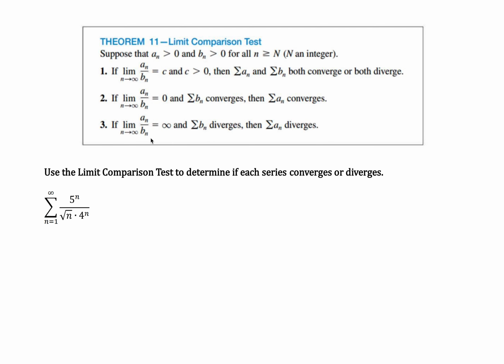For the first one, we're looking at the series from n equals 1 to infinity of 5 to the n over the square root of n times 4 to the n. I'm going to compare this with the series 1 over the square root of n, or 1 over n to the 1/2 power.